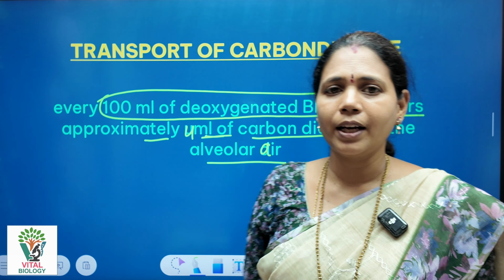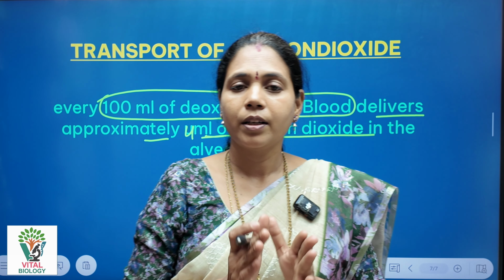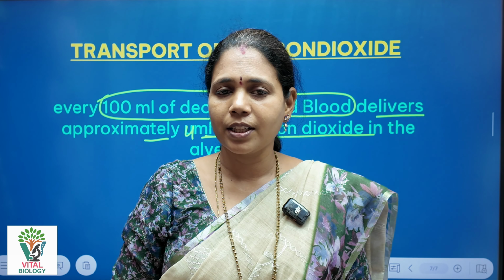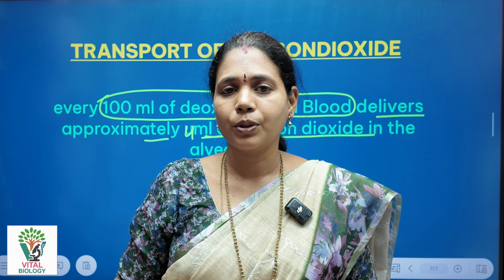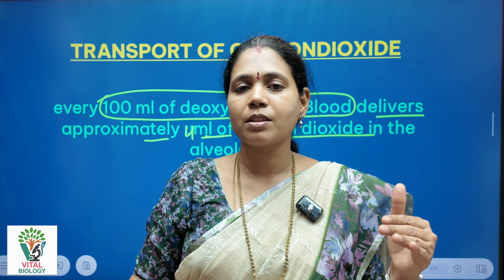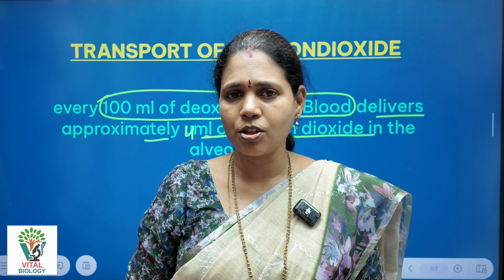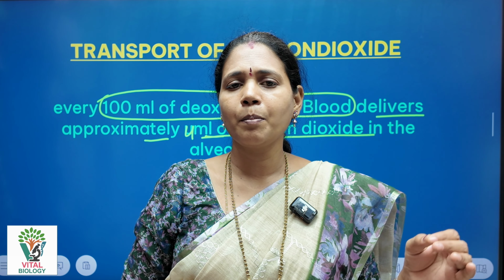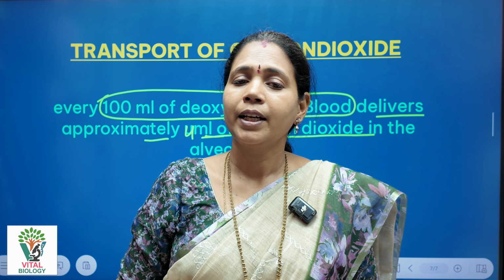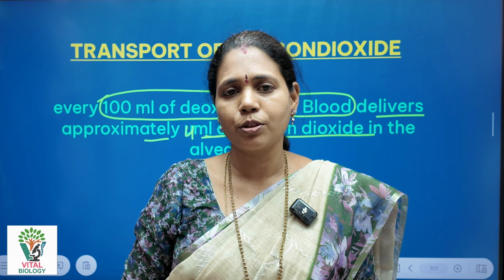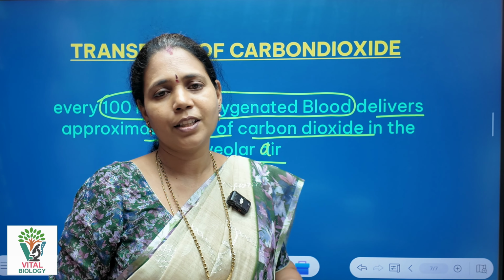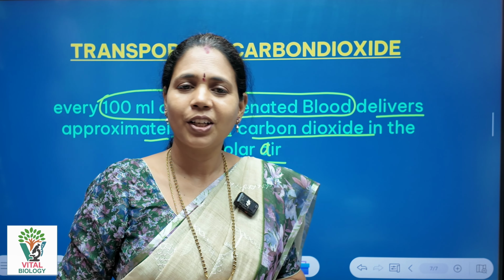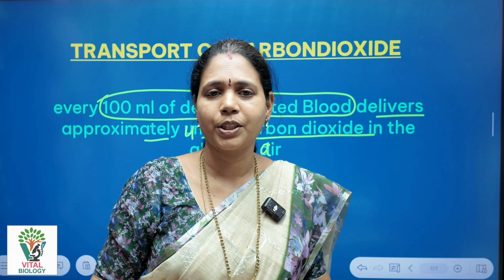As we discussed in the transport of oxygen, every 100 ml of oxygenated blood delivers 5 ml of oxygen to the tissues. The same way here, every 100 ml of deoxygenated blood delivers 4 ml of carbon dioxide to the alveoli. Okay, so this is a very, very important point.